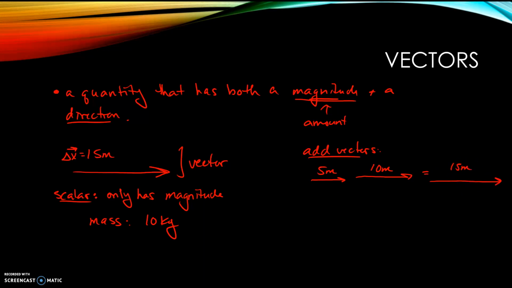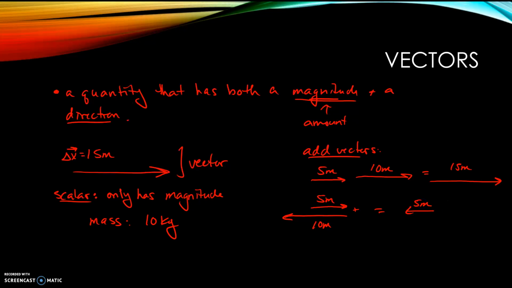If I have a vector that goes 5 meters that way, and then I have one pointing the opposite direction that's 10 meters, even though I don't have a negative sign, you can see that if I add these two together, if they're pointing in opposite directions, I need to subtract the magnitudes. In fact, this one would be 5 meters going to the left.